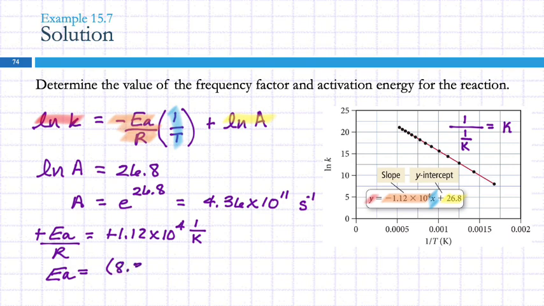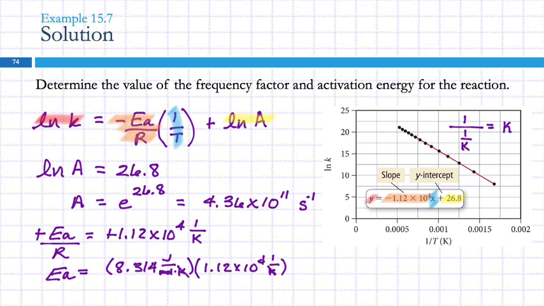R is 8.314 joules per mole Kelvin, and that's multiplied by that slope, 1.12 times 10 to the 4th, 1 over Kelvin. The Kelvins are going to cancel out. 8.314 times 1.12 times 10 to the 4th.